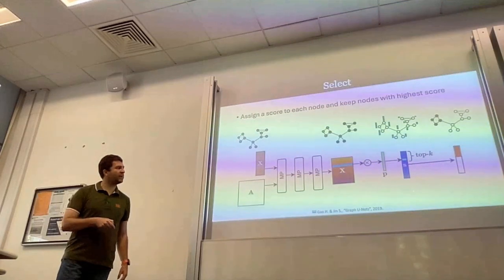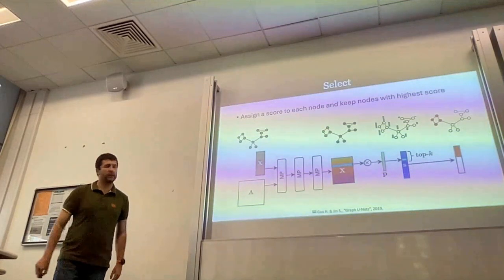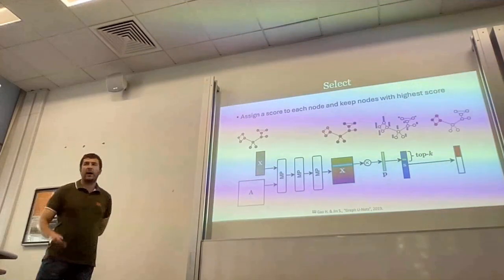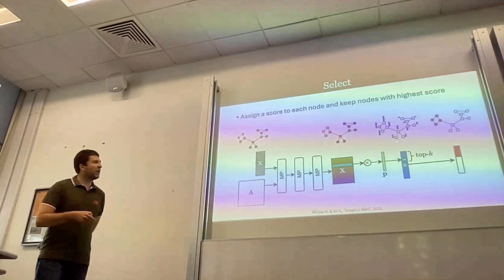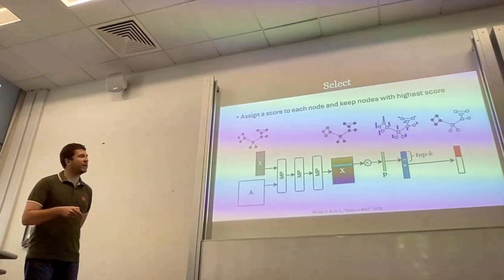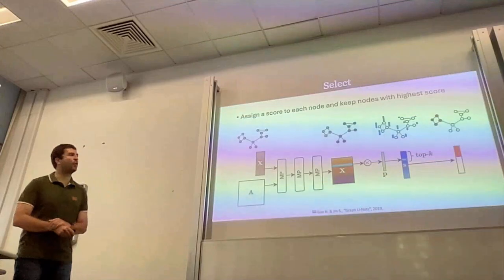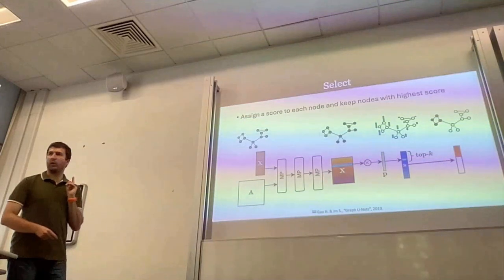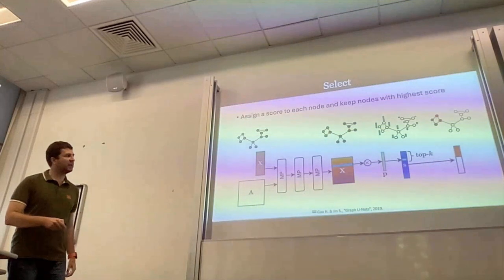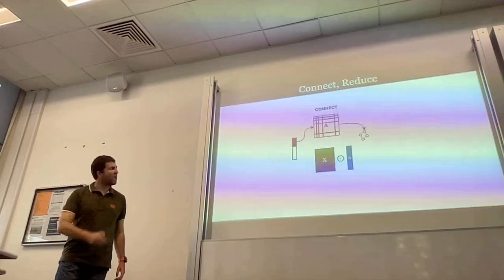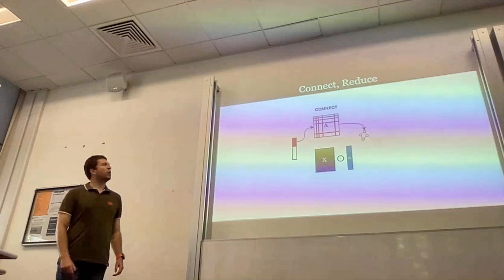We can collect all these scores in a vector that we call S, and then we can apply a top K operation to select the nodes with a higher score. Okay, that's it. So that's pretty straightforward. One thing that we have to keep in mind is that the top K operation is not differentiable. So how do we do the connect?